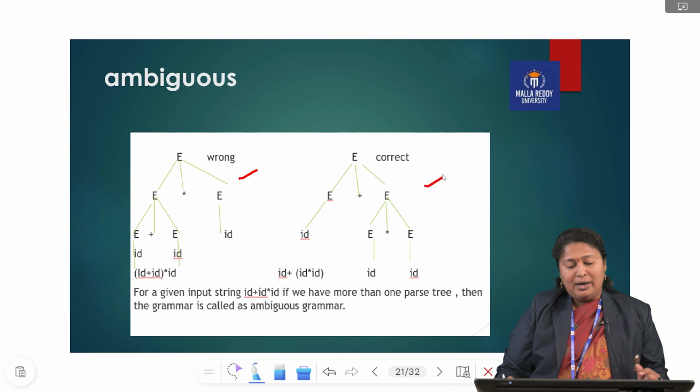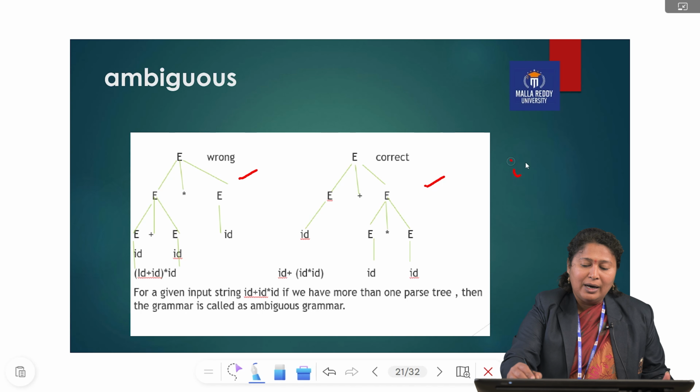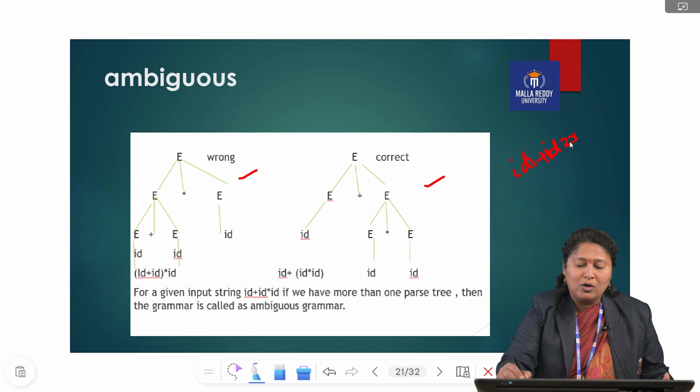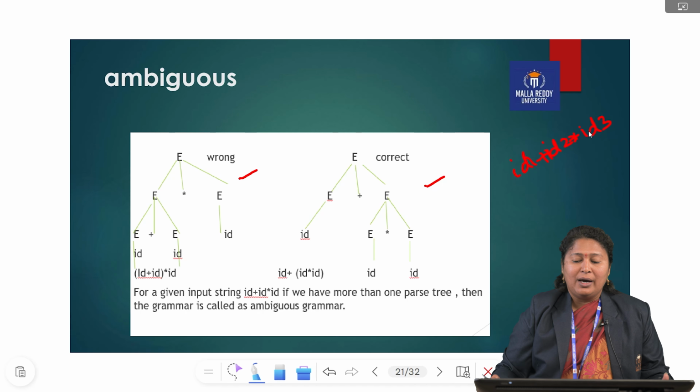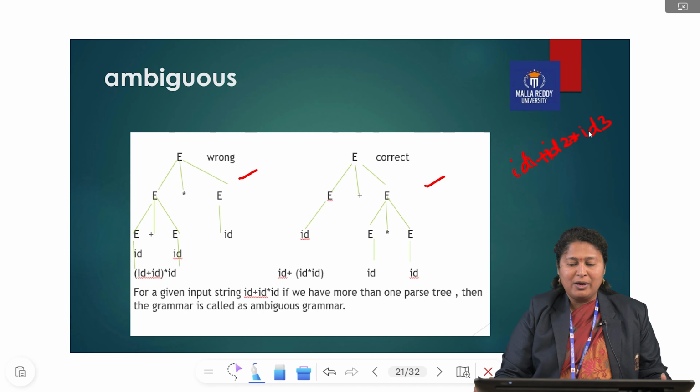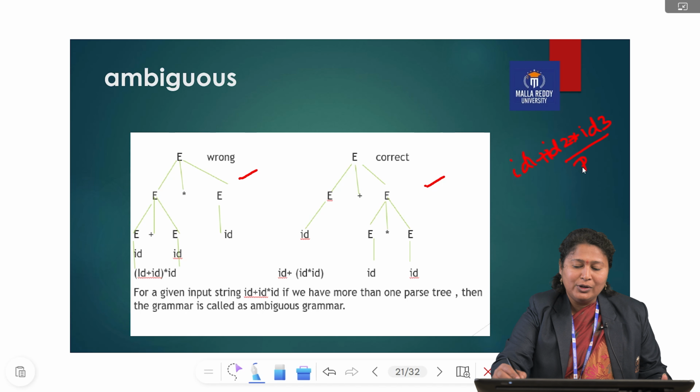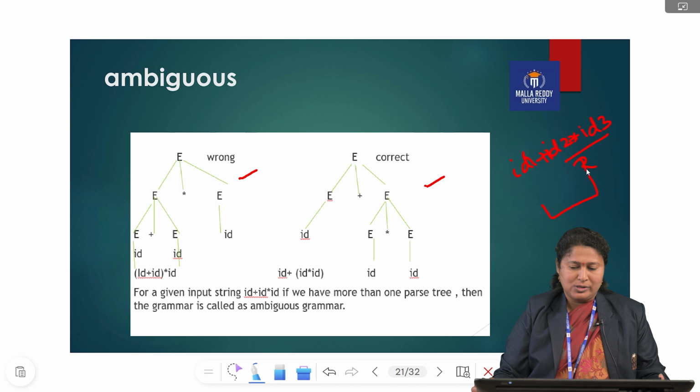So here, how does the statement actually execute? If I have ID1 plus ID2 cross ID3, actually the highest preference will be for multiplication. So this should be executed first, and whatever result you get, that result should be added to ID1. Actually this is the process.